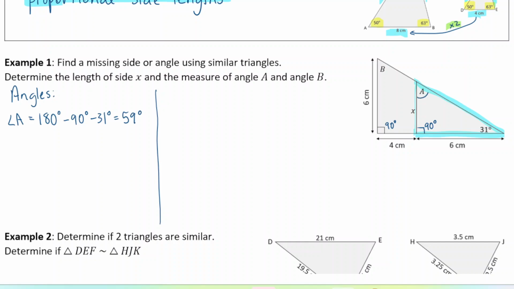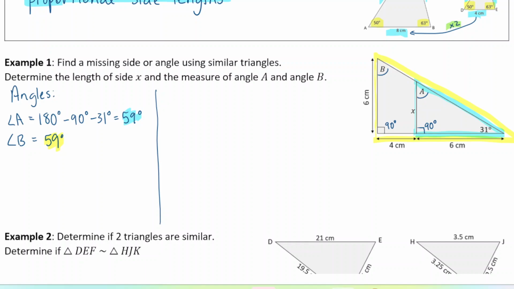Because that's corresponding to this one here as well, so this is the larger triangle. They are similar. Angle B would also be 59 degrees. Okay, so the two triangles I'm looking at are the blue one and the yellow one.